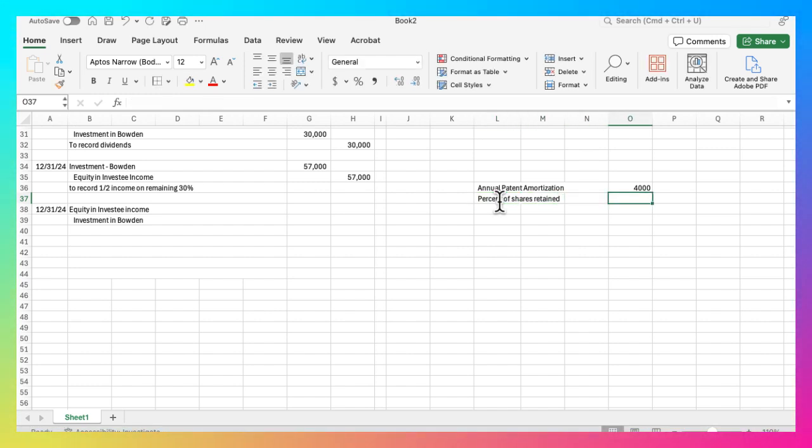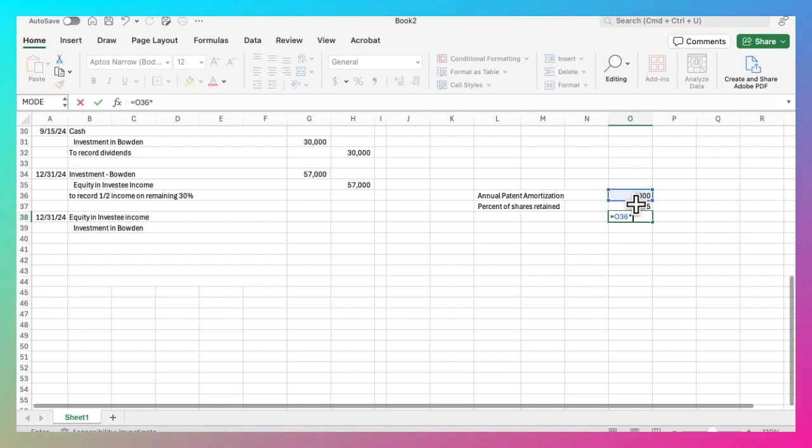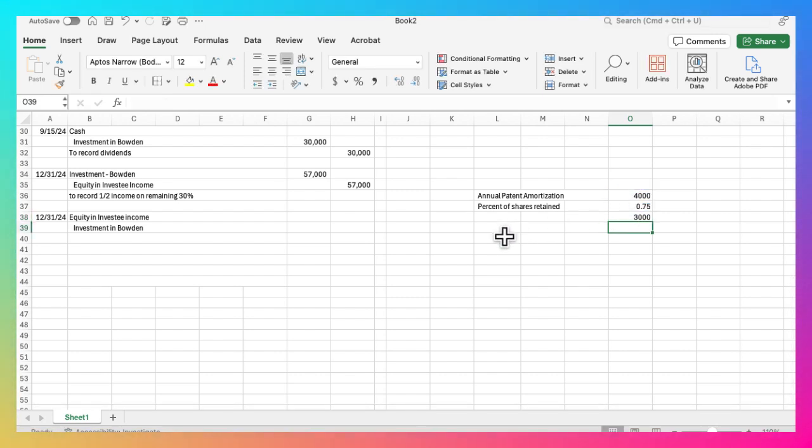Well, we still have 60,000 out of the original 80,000. We get 75%. Okay. Now, the annual patent amortization that's current, right, is going to be the 4,000 times the 75%, which is 3,000.